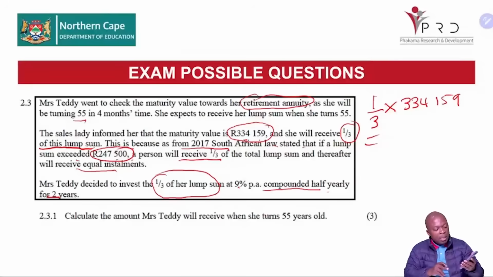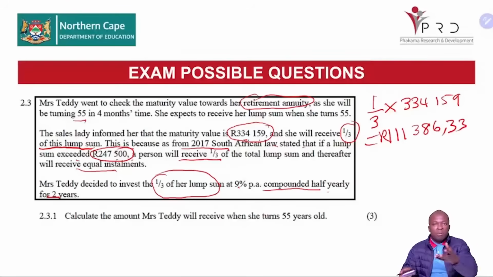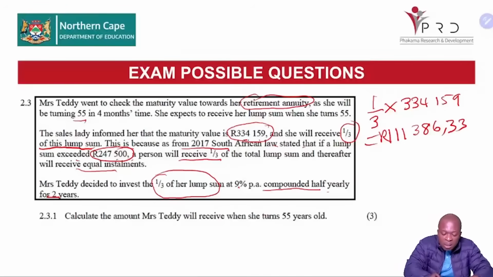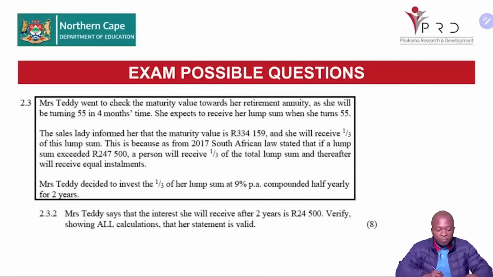And how much is that money? 111,386.33, meaning cash. She will get 111,386 rand and 33 cents. That is what they are asking us to find for 3 months. This is it. Then you are done. So let's go on and find more.